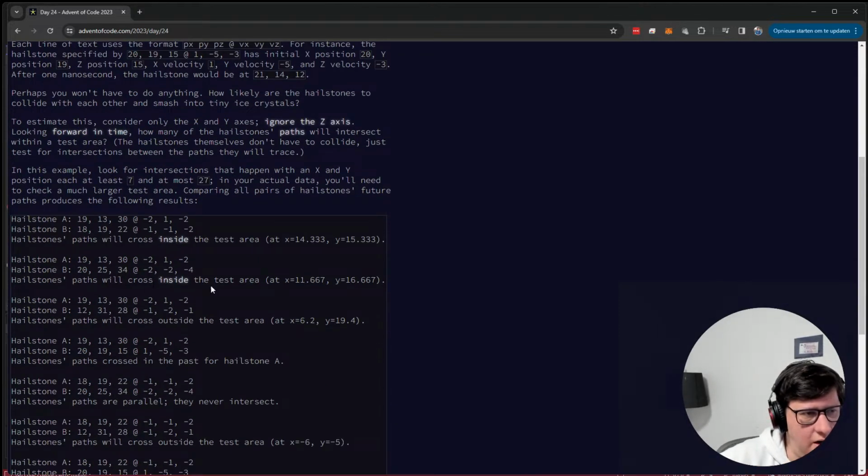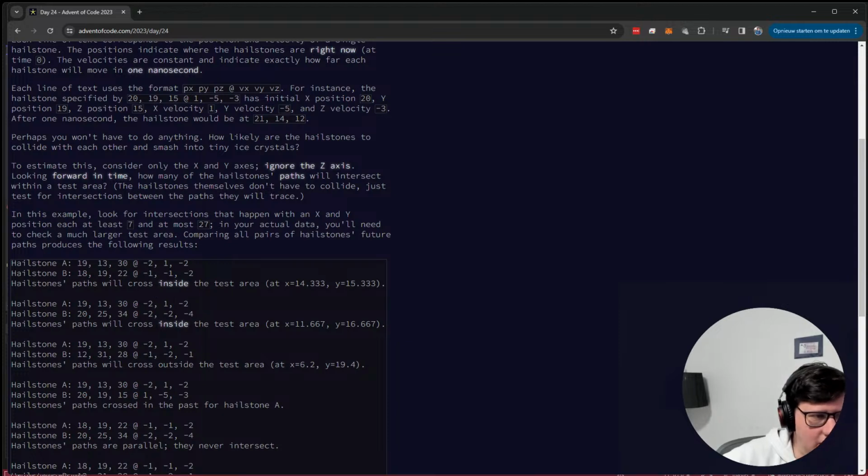They say here that it will intersect. Is it just one of the axes? I mean, if it's just one of the axes, then okay, then it's fine. Let's see, they actually don't move at the same speed. Speed is length of vector, in your case length 2 minus 2. No, it's minus 2 for both of them here. The x is the same, minus 2 and minus 2. So you need to intersect in xy, not only in x or y.